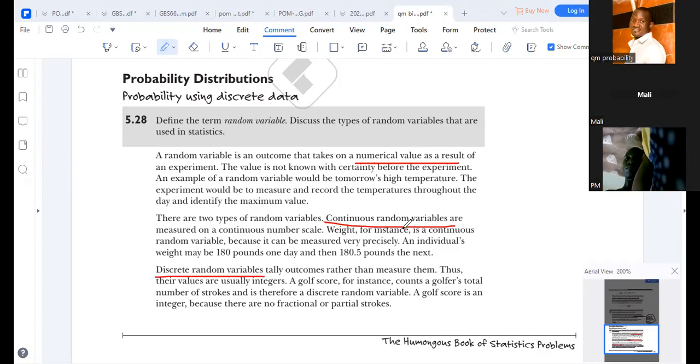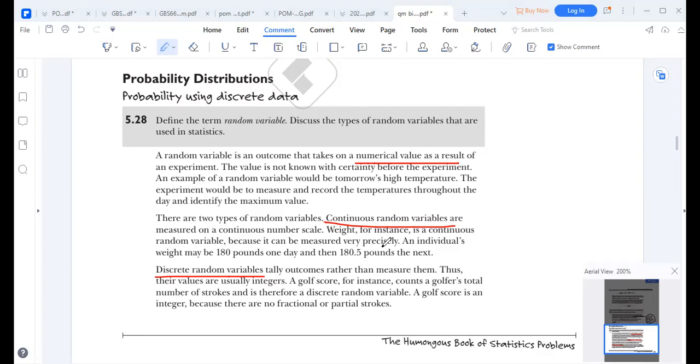In our first session, we were discussing the types of data that we have. So we talked about continuous data, and we also talked about discrete data. Even with probability, when we're dealing with random variables, a continuous random variable is measured on a continuous scale.